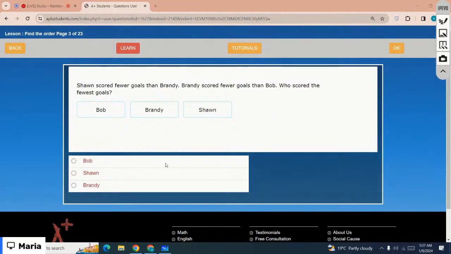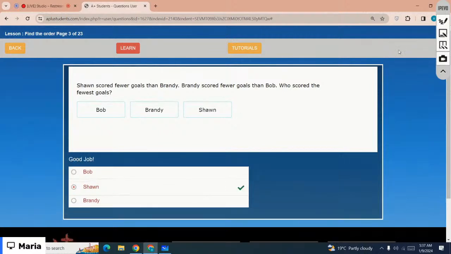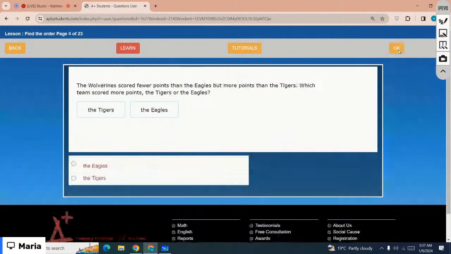For the next one, you have to make this order and tell me the answer. Use your notebook and pencil. The Wolverines scored fewer points than the Eagles, but more than the Tigers. Which team scored more points, the Tigers or the Eagles? Which is the correct option?